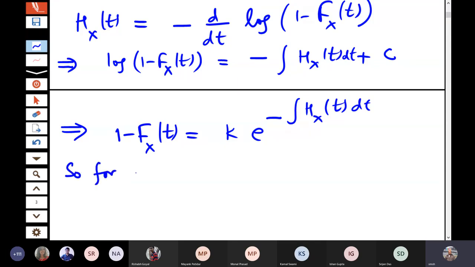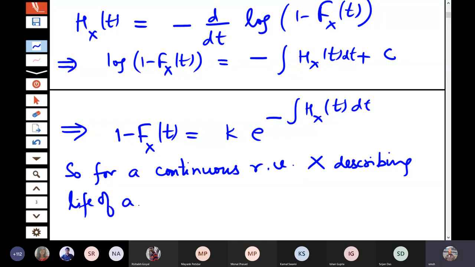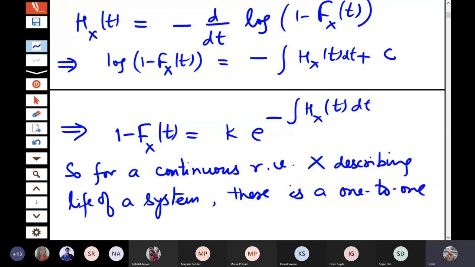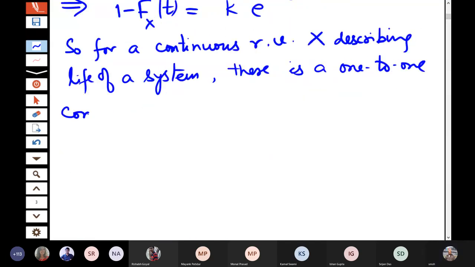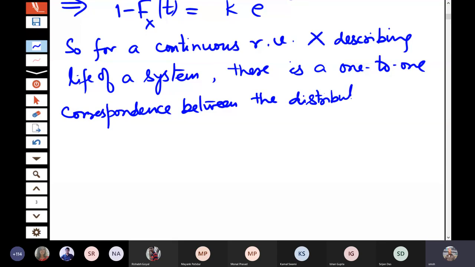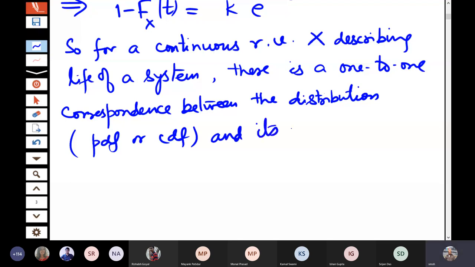So for a continuous random variable X describing the life of a system, there is a one-to-one correspondence between the distribution, that is PDF or CDF, and its failure rate function.